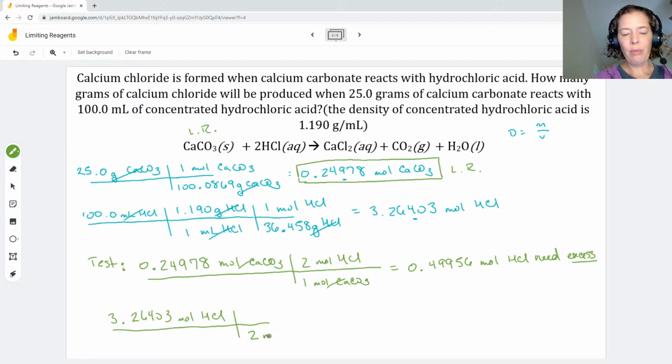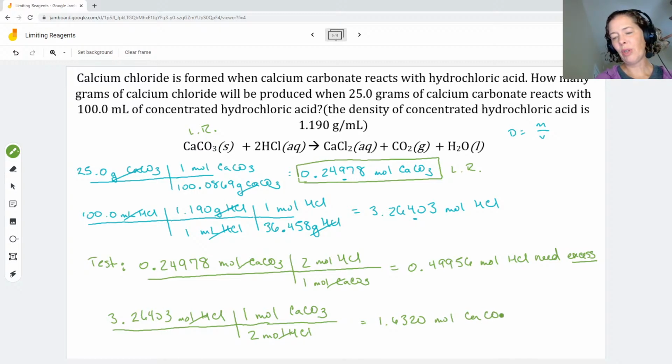Again, using the mole ratio between the two of them. This time I am dividing by 2, and I get 1.6320 moles of calcium carbonate needed.